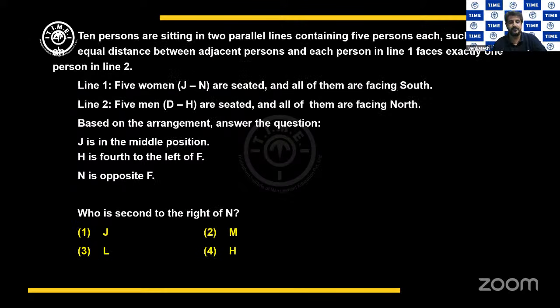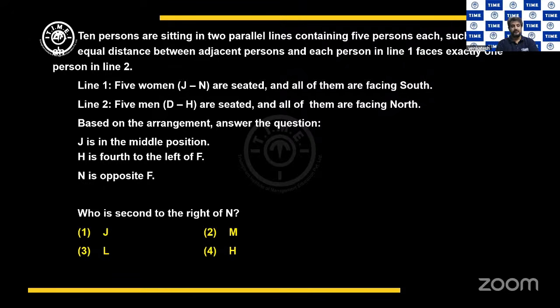Interesting set. Puzzles. 10 persons are sitting in 2 parallel rows containing 5 persons each. The distance is such that there is an equal distance between adjacent persons, and each person in line 1 faces exactly one person in line 2.